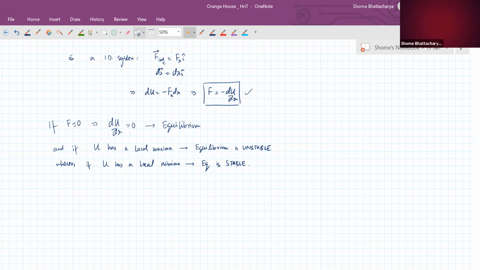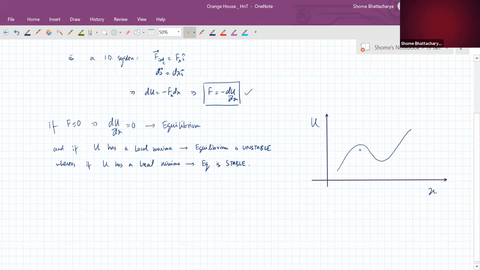So if we have a typical potential energy graph like this, let's say this is how the potential energy is varying.